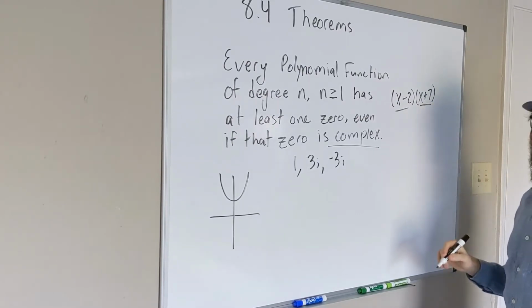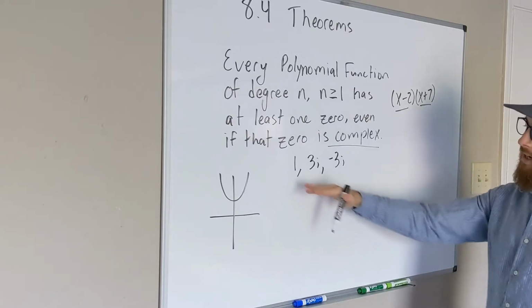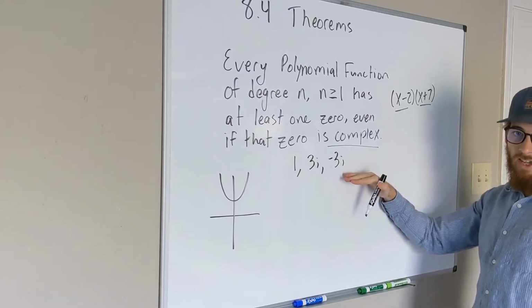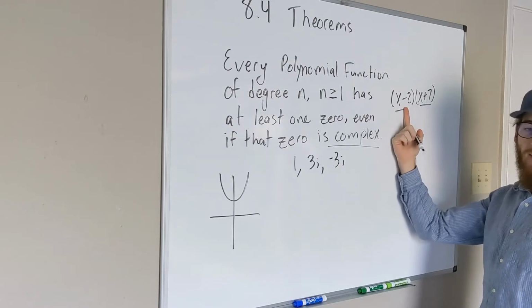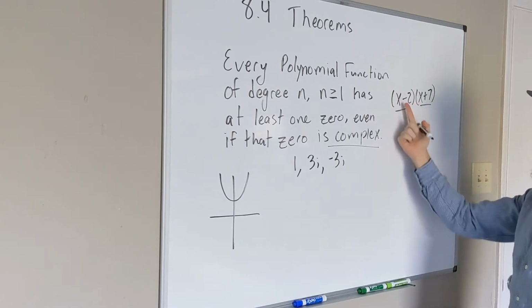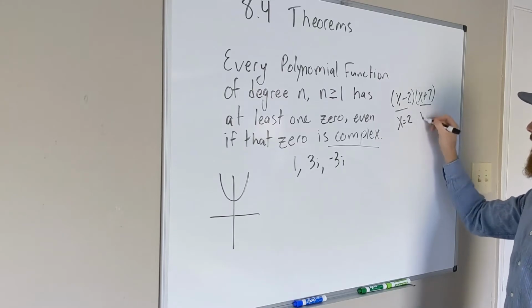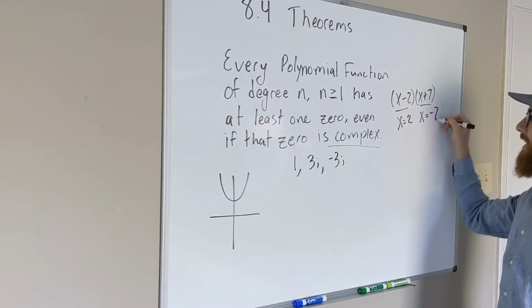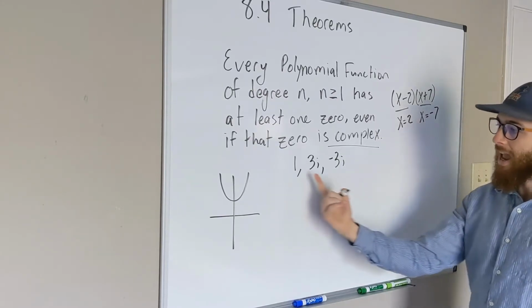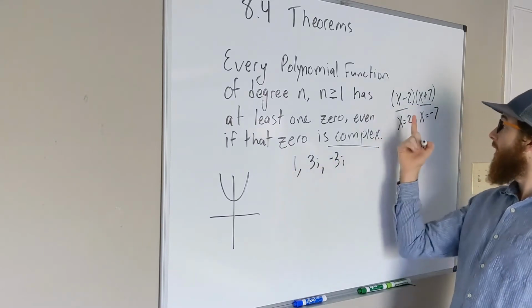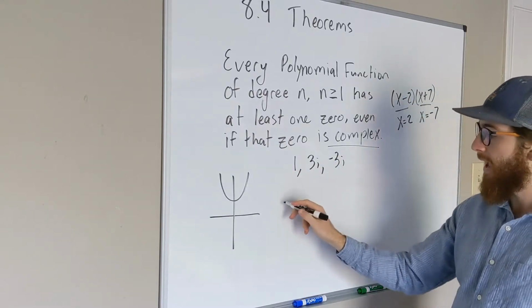These are linear factors. So what would the zero be if I have x minus 2? Well, the zero would be 2. If I have x plus 7, the zero would be negative 7. So I have to flip the sign and rewrite it in that way.